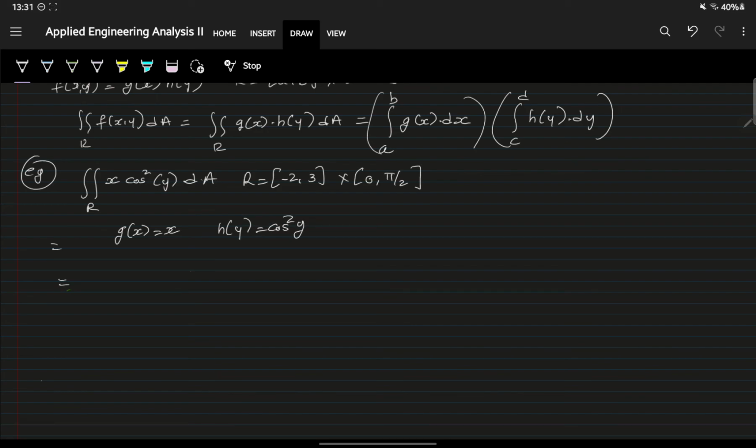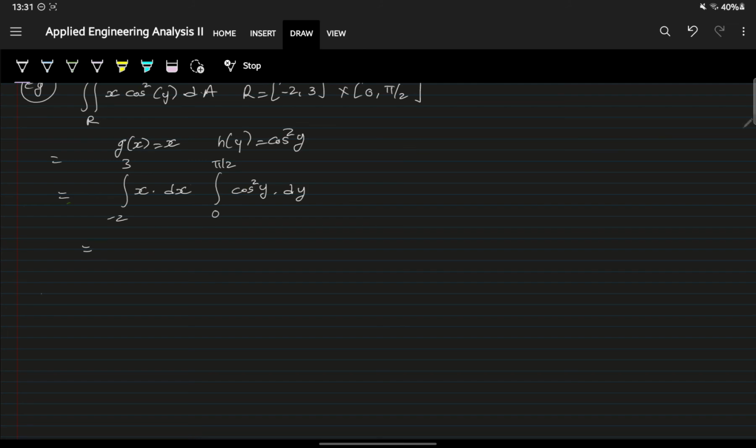So we can write this in the format of the product of two integrals. And let's simplify cos square y as 1 plus cos 2y by 2 dy.